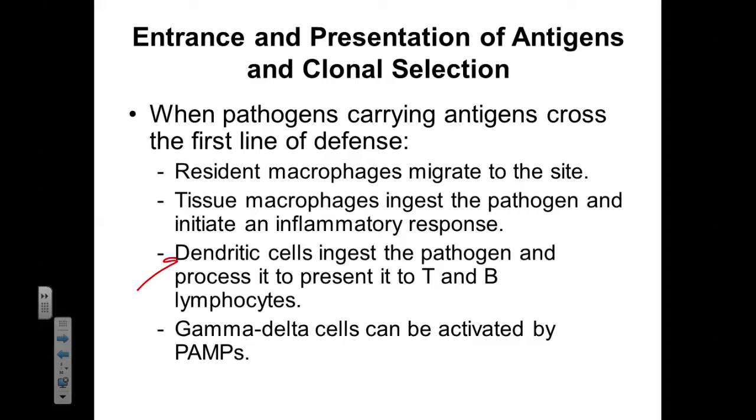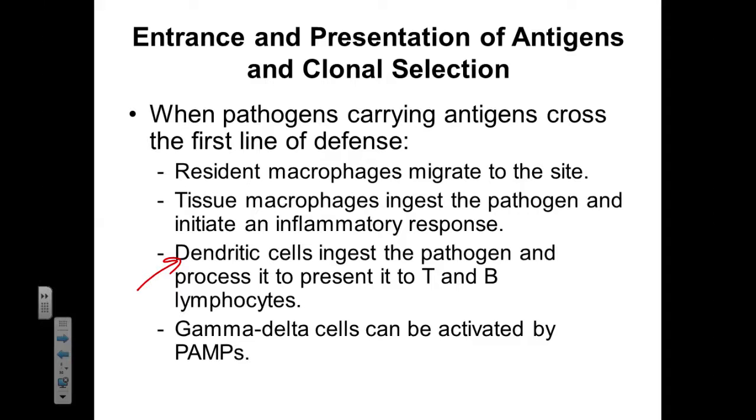Then we'll have dendritic cells migrate to the site of infection. Those dendritic cells also phagocytize the pathogen. And dendritic cells, after phagocytizing the pathogen, will decorate the surface of their cell membrane with bits and pieces of the pathogen that they just phagocytized. And it'll carry those bits and pieces of the pathogen to a T and/or B cell to activate it.